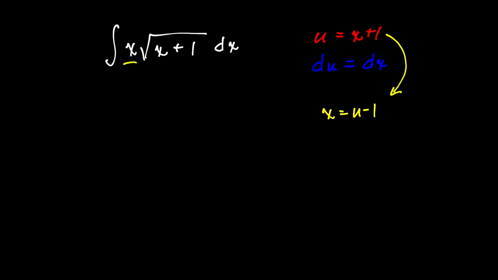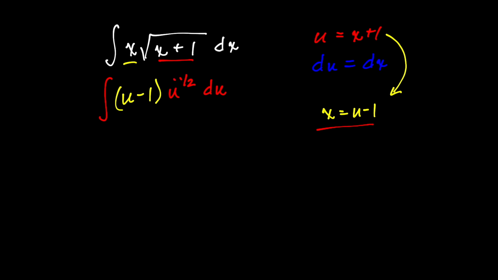So in place of this x, I would have u minus 1. And in place of this part, I would have u to the 1/2 du, and I'm taking the derivative of that. So this is an indefinite integral. It's just to show you how to do this technique right here.